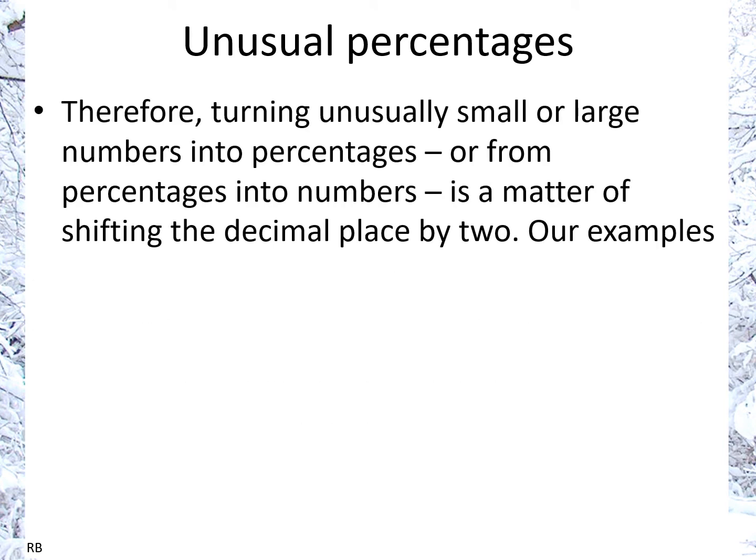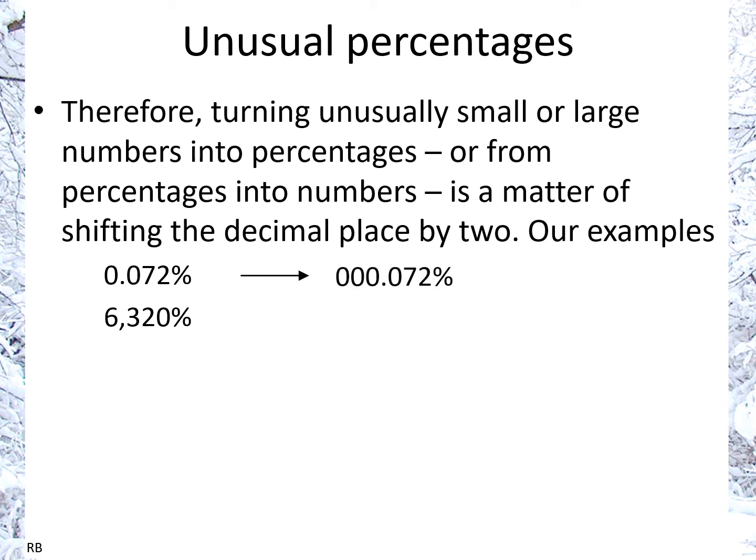Therefore, turning unusually small or large numbers into percentages, or from percentages into numbers, is a matter of shifting the decimal place by 2 spaces. So let's take a look at our 2 examples, 0.072% and 6,320%. Now in the first case, we have to rewrite the 0.072.